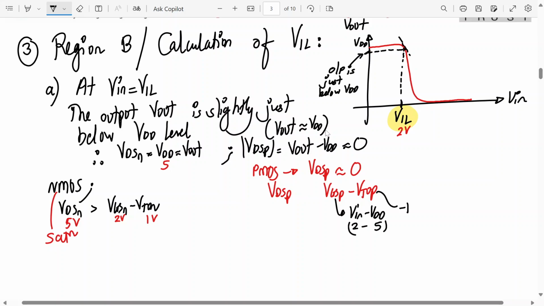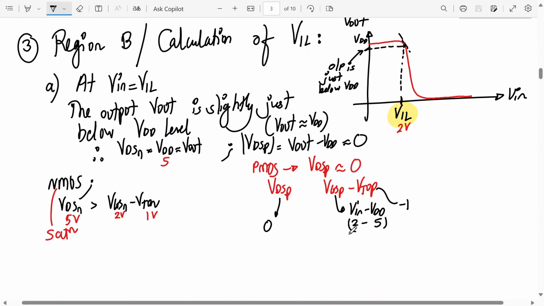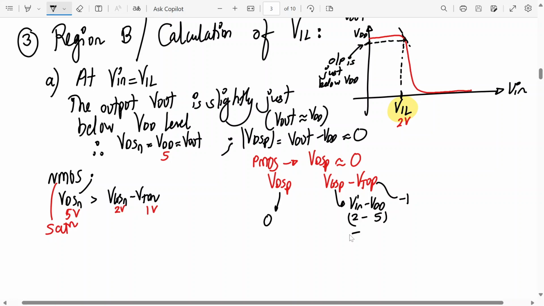So this is around minus 3. VTOP is around minus 1, so minus 3 plus 1 is minus 2. And VDSP is close to 0, so 0 is greater than minus 2. That means the PMOS transistor is in the linear region.